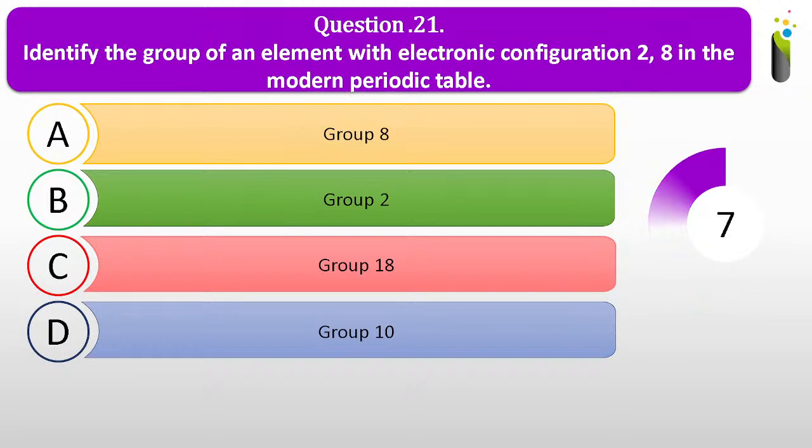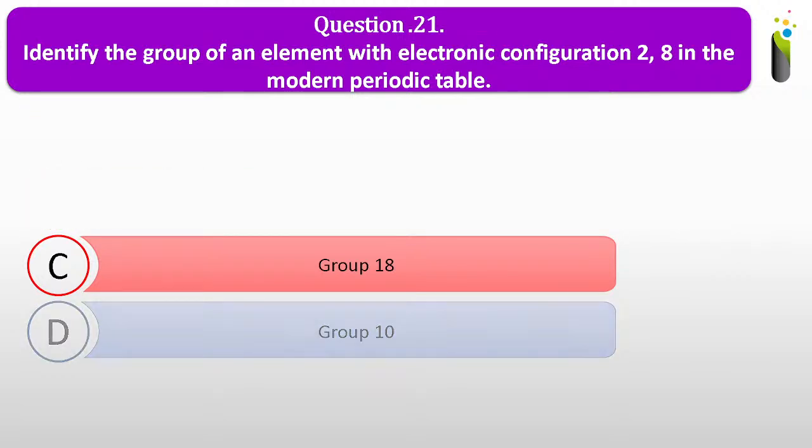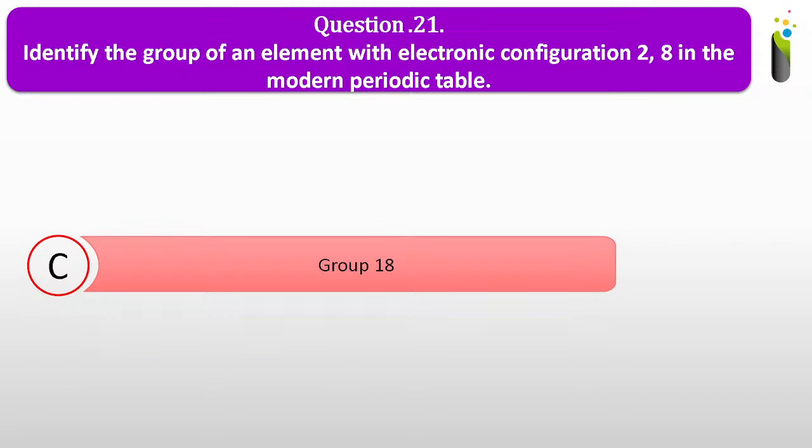So, which is the group of an element with electronic configuration 2,8 in the modern periodic table? And the correct answer for this question is C, that is group 18. Very good, Kanak Kapil. You're the first one to answer this.